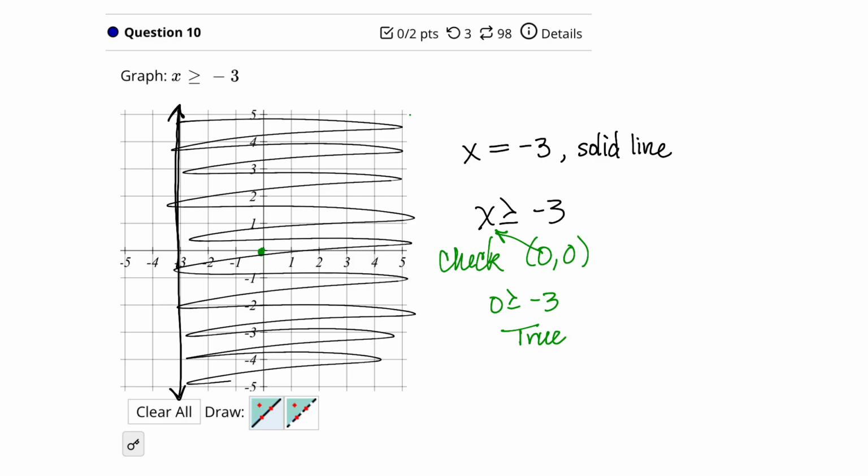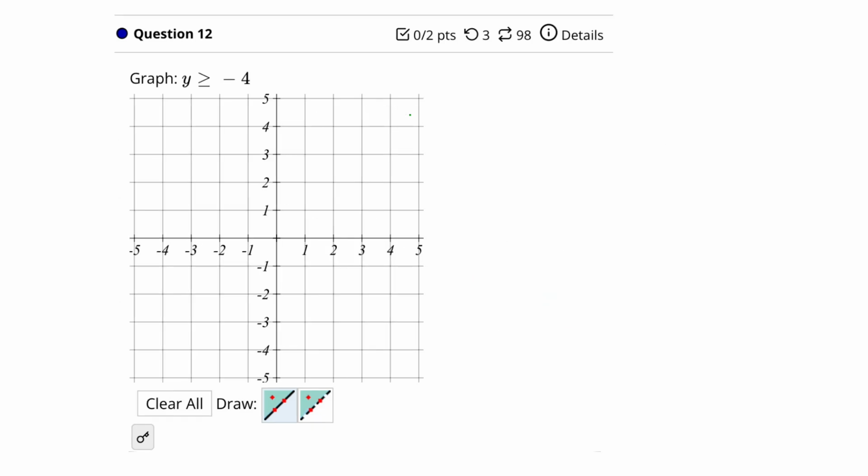Okay, so last one. You probably knew this was coming. Now we know that there's only a y value of negative 4. Okay, y value of negative 4 is down on the y-axis at negative 4. There is no x, so it can't cross the x-axis. Every point on the line, y has to equal negative 4.